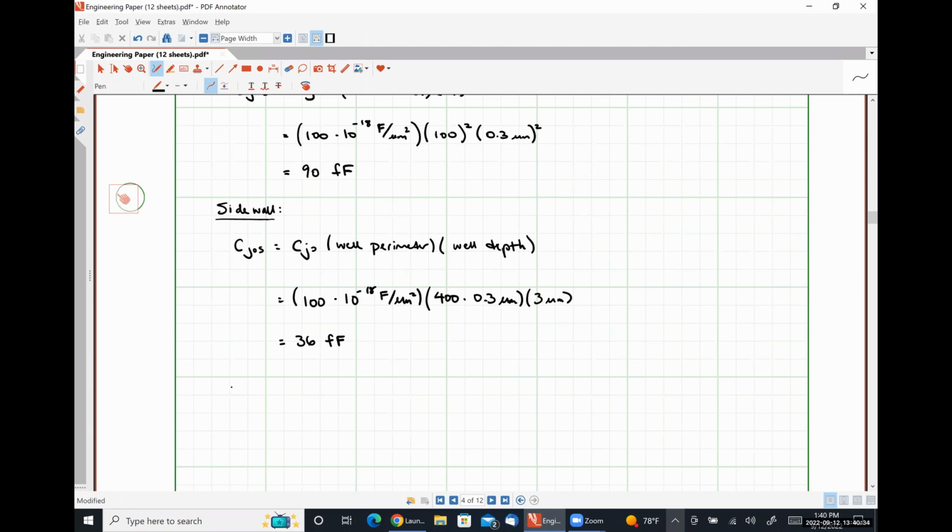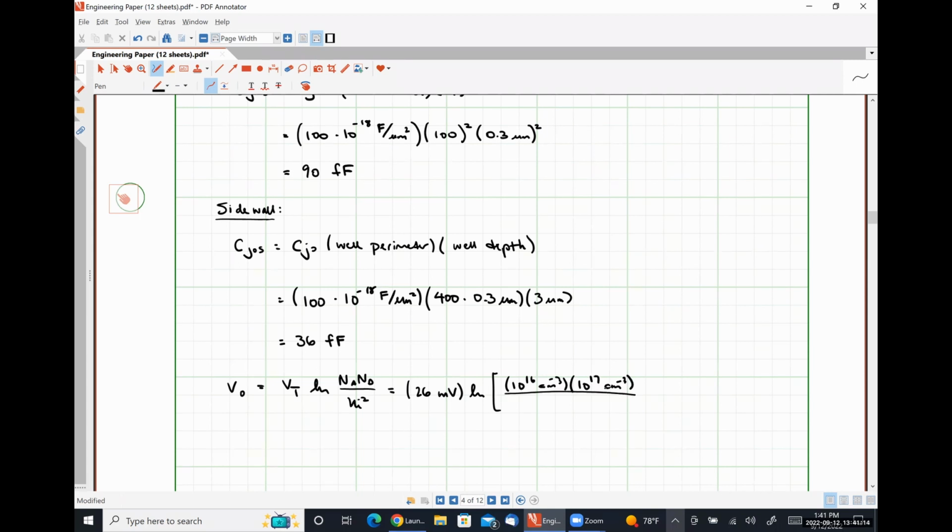All right, so while we're at it, let's calculate our built-in voltage, which I'm calling V naught because that's what I used in 335. So this is our thermal voltage times the natural log of NA ND over Ni squared. Since we're dealing with silicon, 26 millivolts for our thermal voltage times the natural log of 10 to the 16 per cubic centimeter, 10 to the 17 per cubic centimeter.